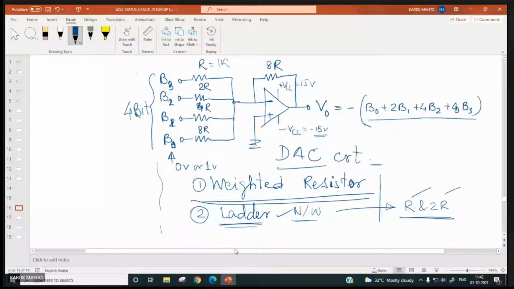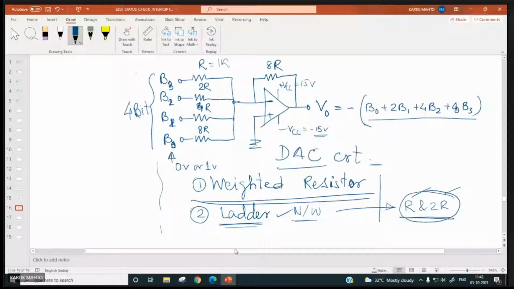Here it is a difficult task, and if we attempt it, we are going to lose accuracy and increase a lot of complexity, because of finding these different values of resistance. So researchers worked and found the solution in terms of the R-2R ladder network.